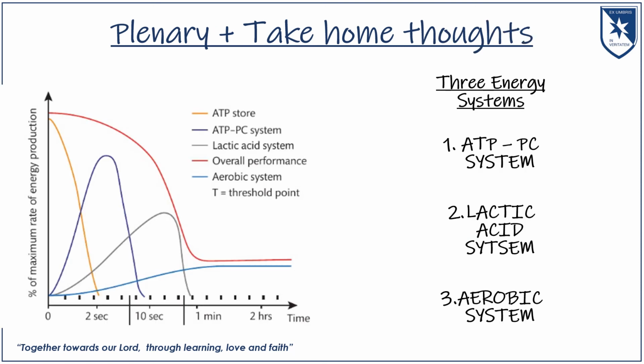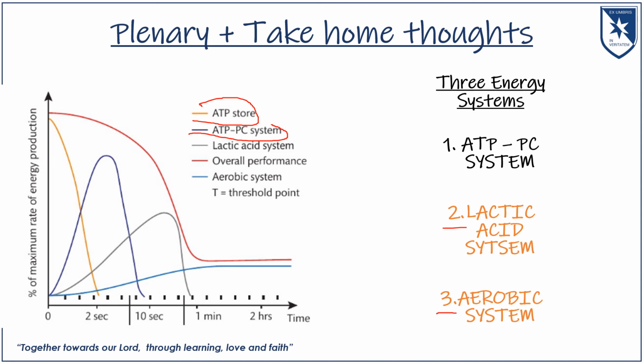And just for a bit of further reading, if you wanted to go and look into the other two systems that we've not looked at today, the lactic acid system and the aerobic system. We've looked today at our ATP stores and our ATP-PC system.